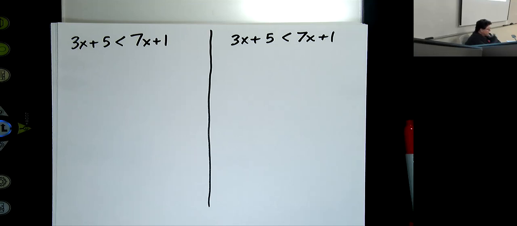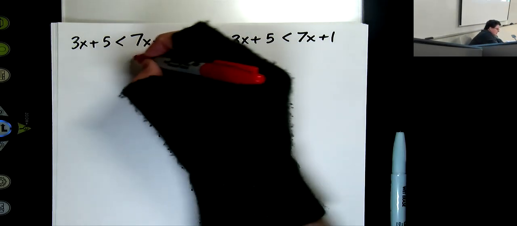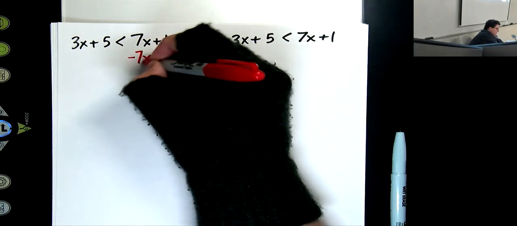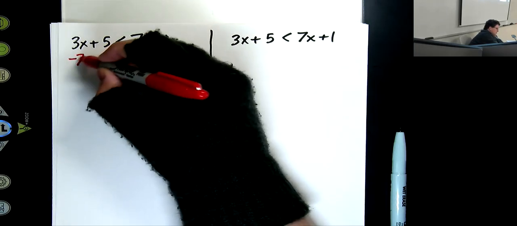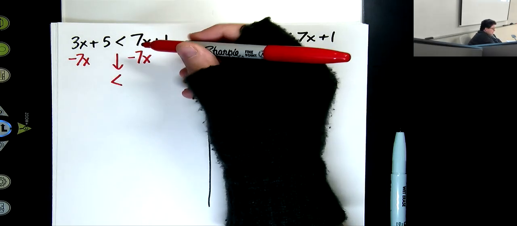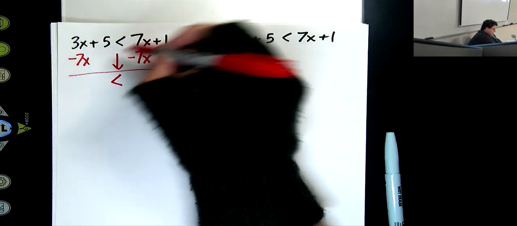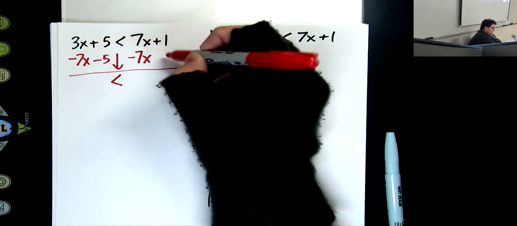Option 1: move the x's to the left. We like moving x's to the left. I'm going to leave the inequality in there, and I'm just going to subtract 7x from both sides. And to do that, I'm also going to move the 5 at the same time.